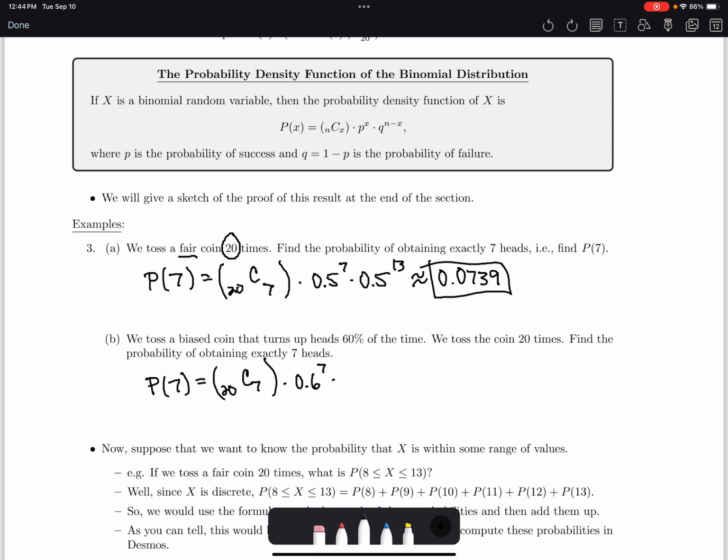That means the probability of failure is 40%, because 1 minus 0.6 is 0.4, to the 13th. Right, 20 minus 7 is 13. Let's see what this is. Go ahead and pause the video and try it out. On this one, you should get about 0.0146.